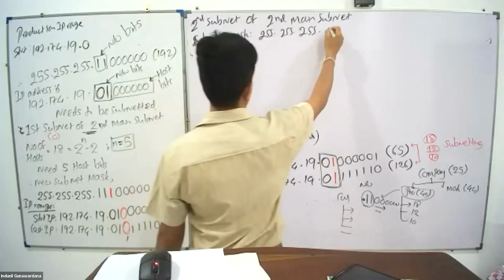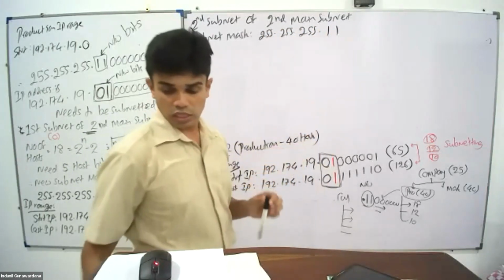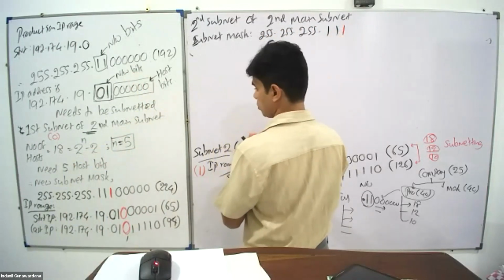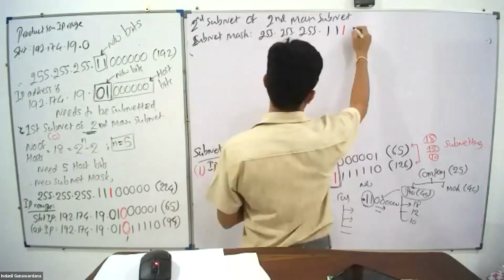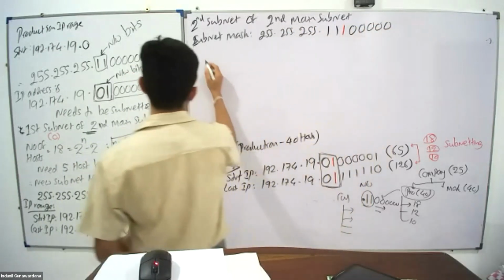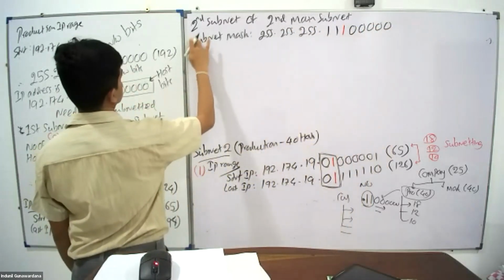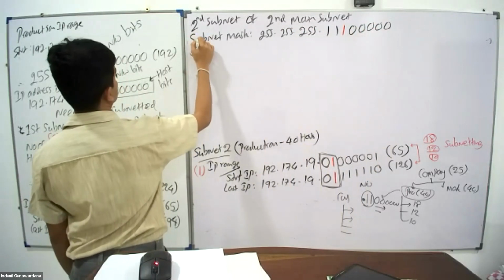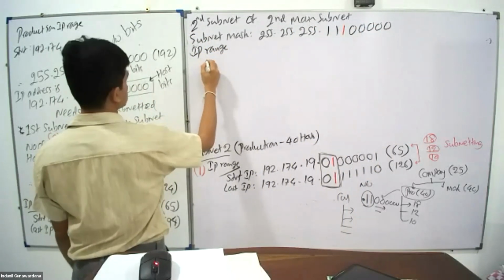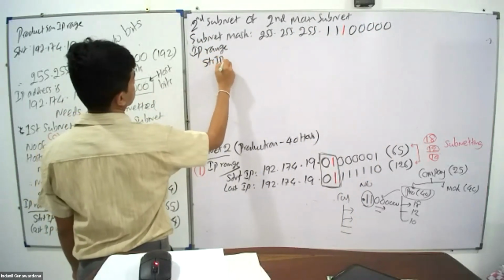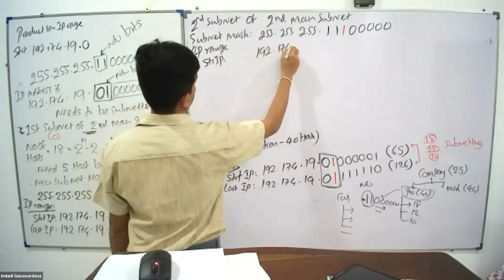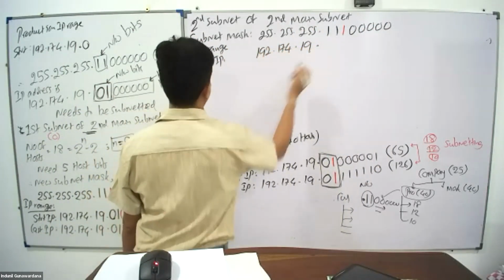255 then 1 and 1, third bit is going to be 1 here, right? And then we have 5 zeros available, 1 2 3 4 5, right? Now the IP range, start IP goes as 192.174.19.